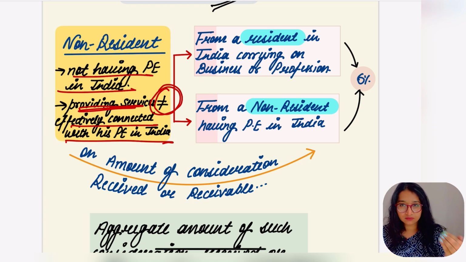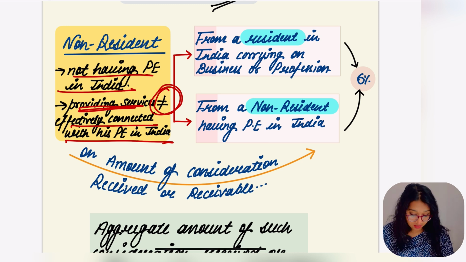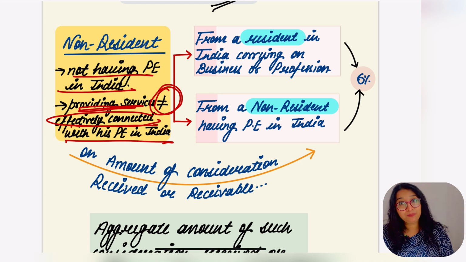Say the non-resident has a PE in India, a permanent establishment, but the services provided by the non-resident are not related to, not effectively connected with, that PE in India.